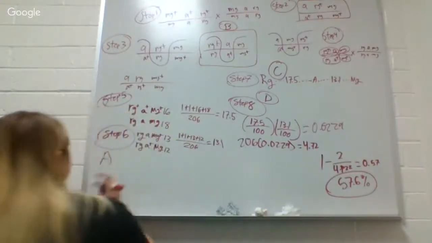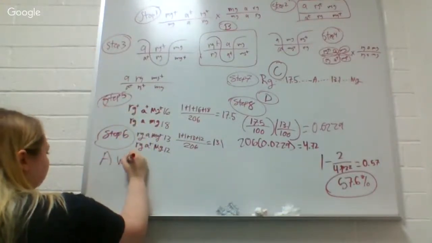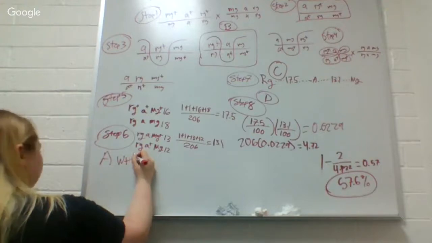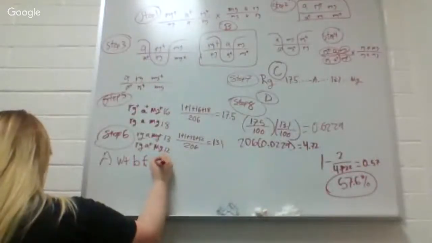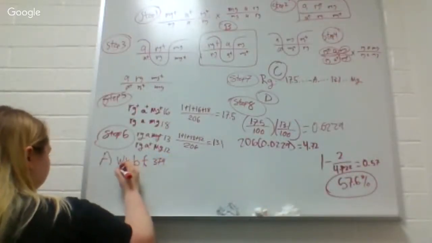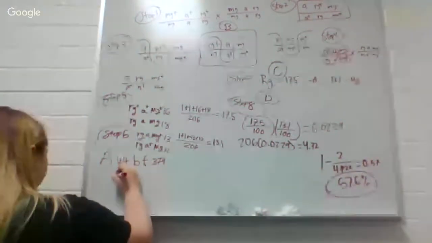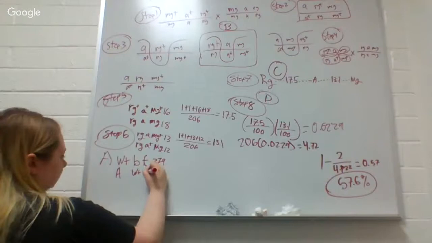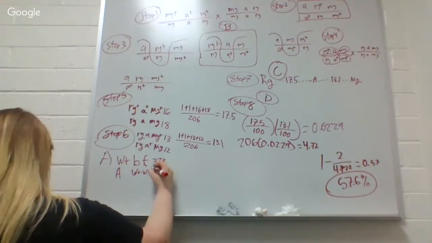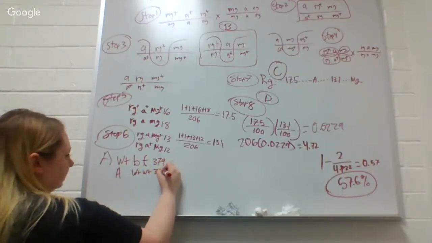We have wild type, B and F, which is 379 individuals. And then we have A, wild type, which is 385.